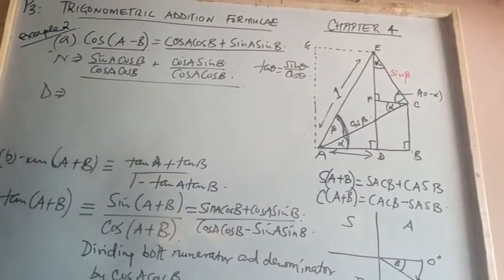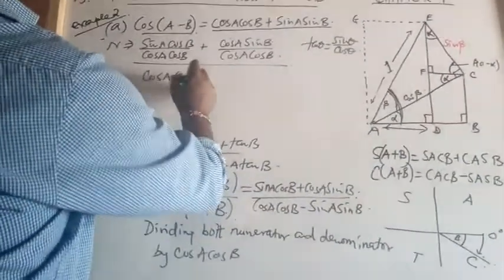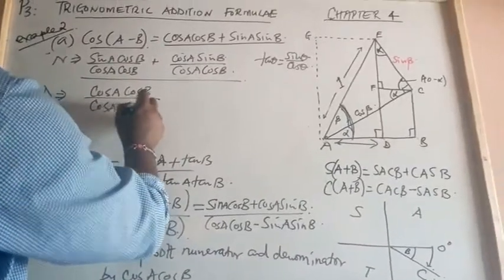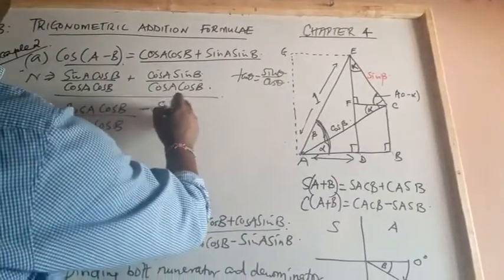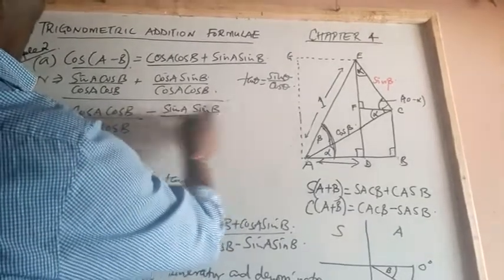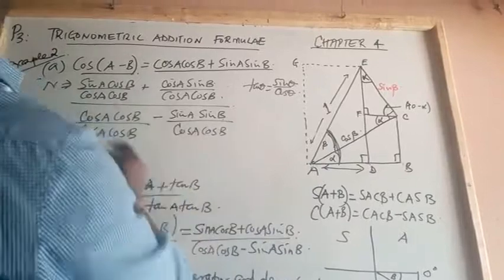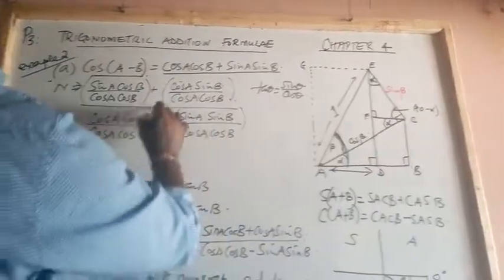It gives us cos A cos B all over cos A cos B minus sin A sin B all over cos A cos B. All these are brackets which are very independent.